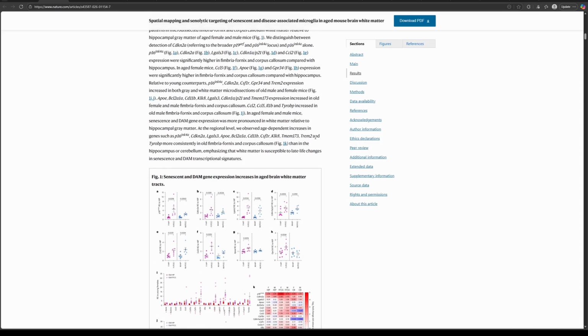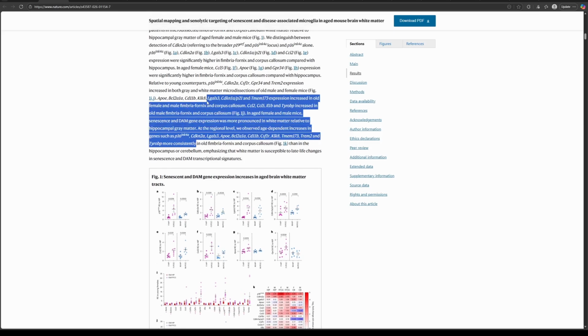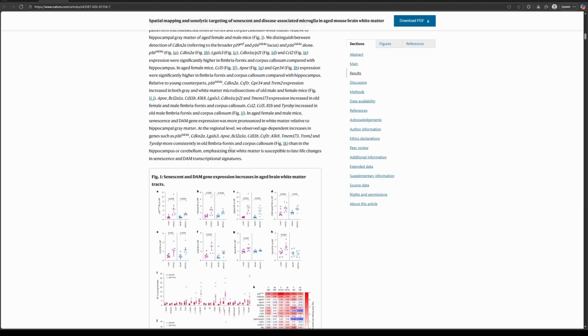So all these different genes, they're essentially saying the same thing like 3 different times. There's a bunch of different genes related to senescence pathways that are more upregulated in older populations of mice than in younger ones, consistently. And it is more upregulated in the fimbria fornix and corpus callosum than in the hippocampus or cerebellum.